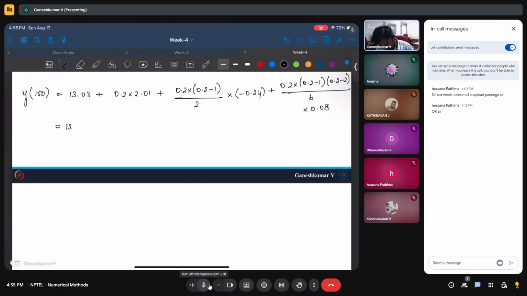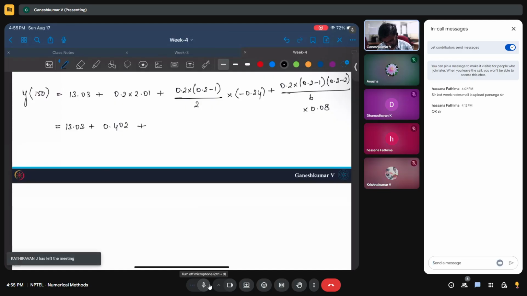So what happens here? This is 13.03. So 0.2 times 2.01, which is 0.402, plus 0.2 into minus 0.8 by 2 into 0.24 into minus 1, this is 0.0192, plus, what is the final value you guys are getting?